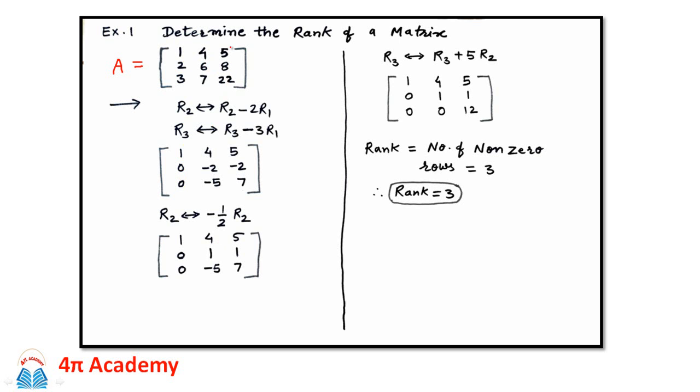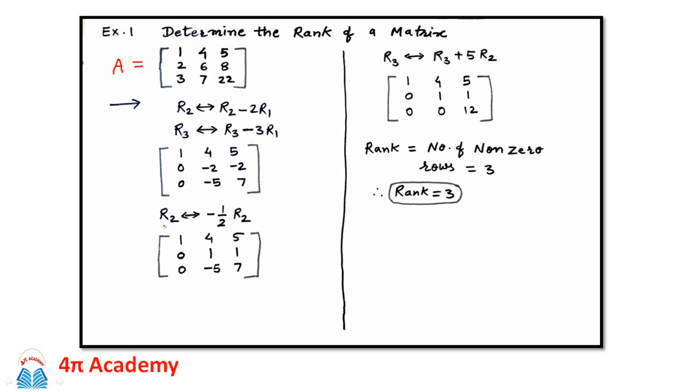Then 8 minus 10, so minus 2. By performing R3 replaced by R3 minus 3 R1, this becomes 3 minus 3, that is 0. Then 7 minus 12, so minus 5. Then 22 minus 15, so 7.